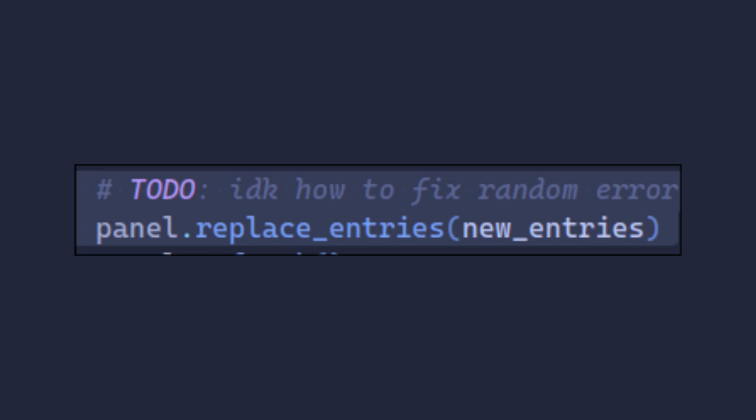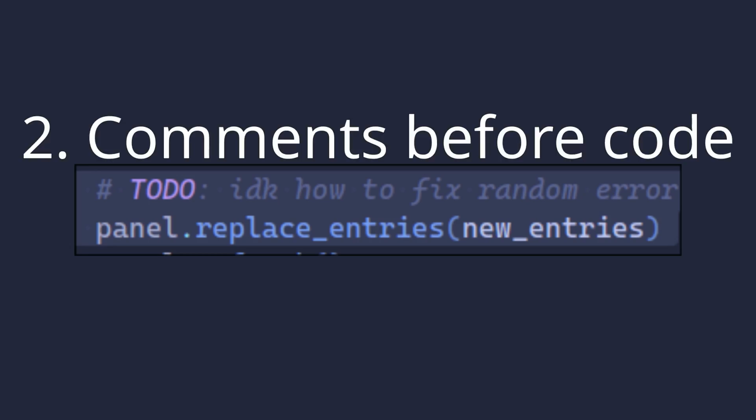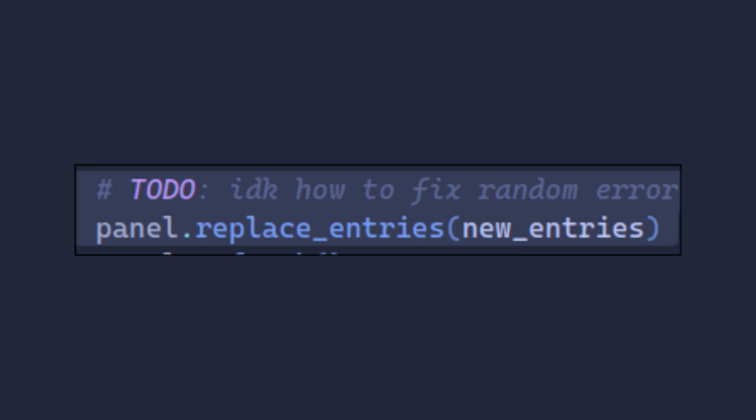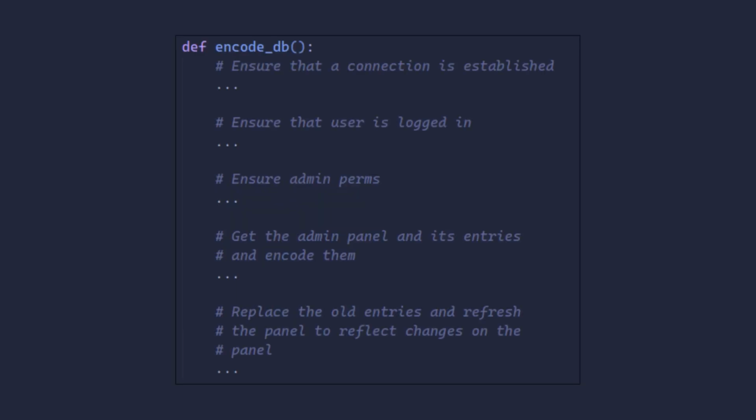And that is where my next advice comes in, which is comments before code. Instead of writing the code directly, I advise you to first break the function into multiple things and comment those out, and then code those one by one, so that instead of making spaghetti, you will actually break down the problem and know which part is not working, if any.